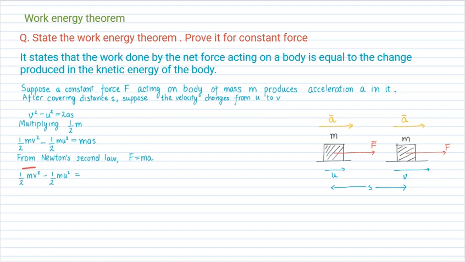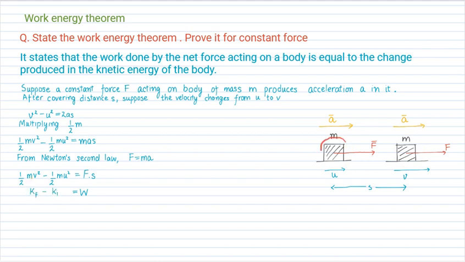We know from Newton's second law that the applied force can be written as the product of mass times acceleration. So instead of ma, I can write F dot s. And what is F dot s? The applied force multiplied with the displacement. This is known as your work done, W. And half mv square is your final kinetic energy. Suppose this is the final state: the final kinetic energy is half mv square.